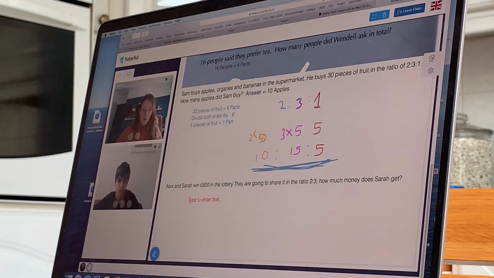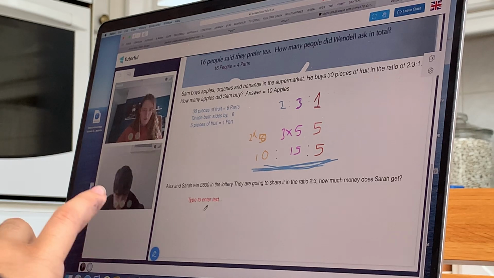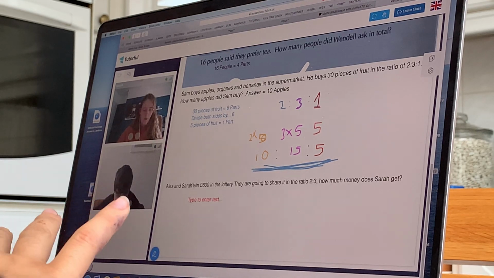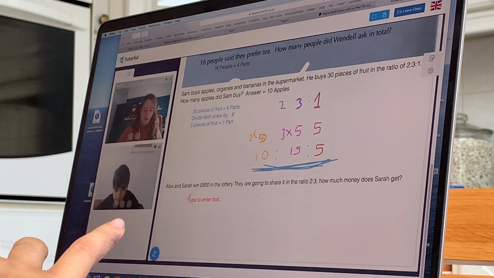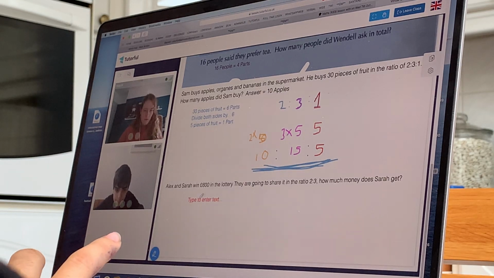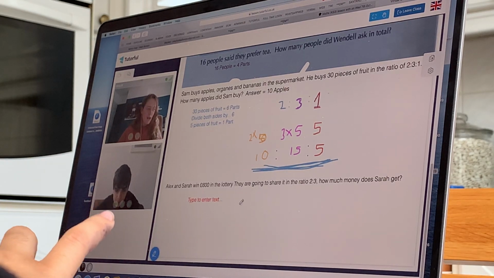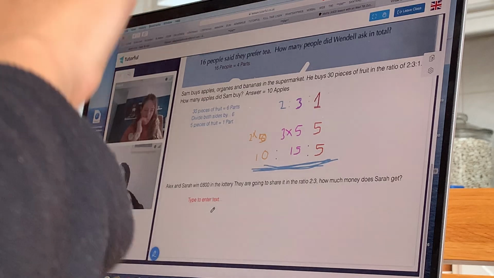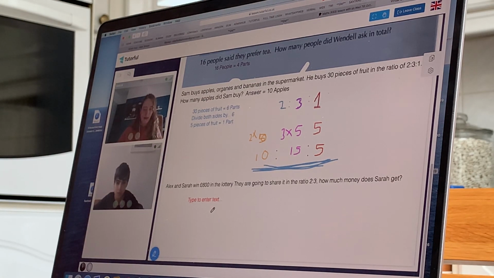So we've got £600, which is equal to how many parts? 5 parts, brilliant. So how much is 1 part equal to? Might need a calculator for this one.